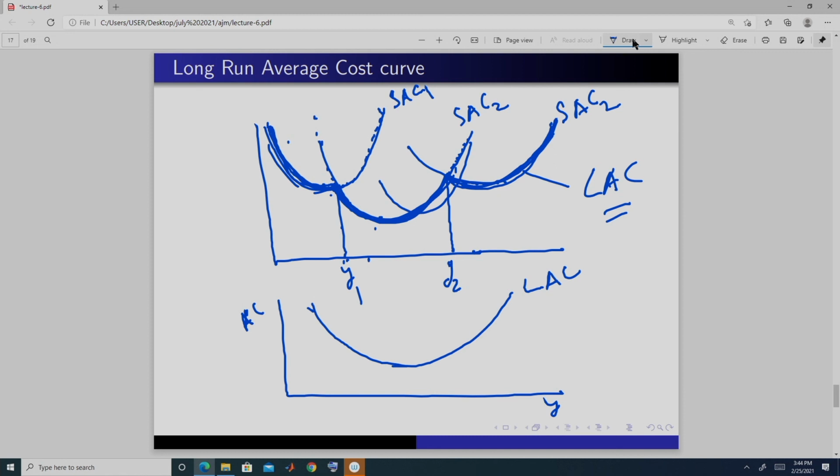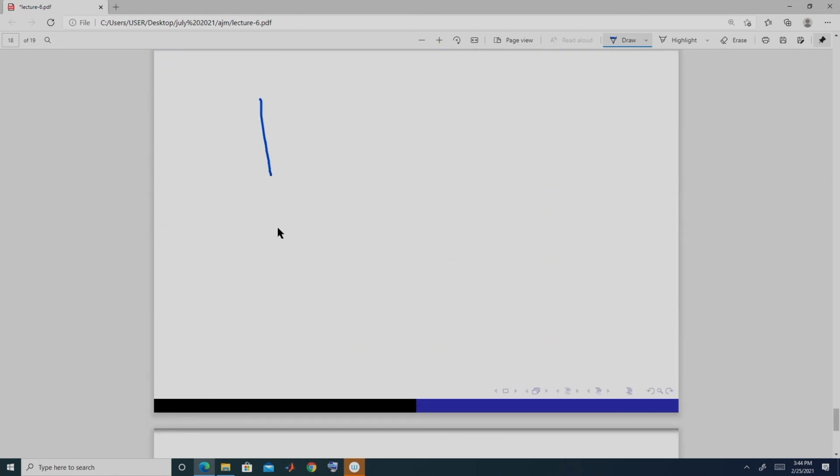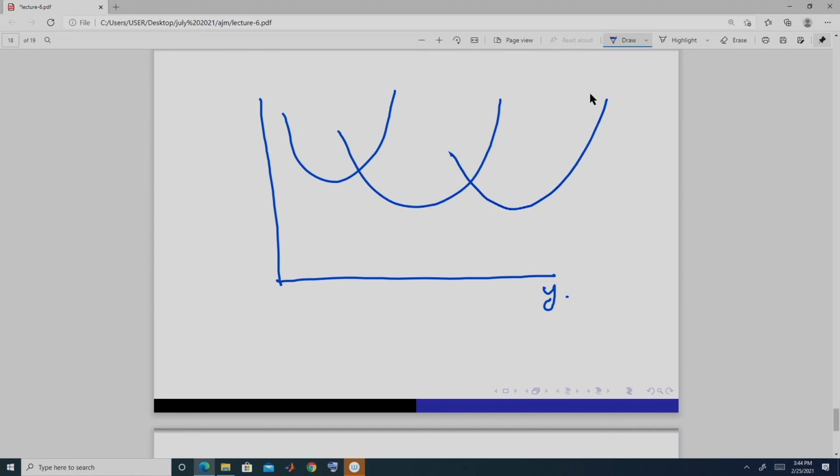Now, what is long run marginal cost? In the long run, we have seen that the plant sizes are variable. So we have taken 3 plants. This is the short run average cost of plant 1, this is the short run average cost of plant 2, and this is the short run average cost of plant 3.